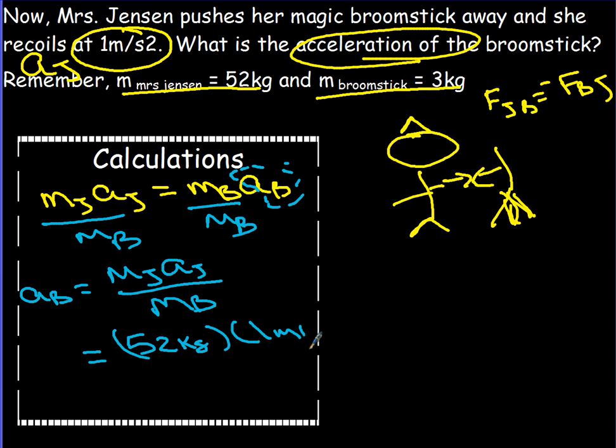Now you would have written out your givens so you don't have to go hunting for them. And divide it by the mass of the broomstick, which is 3. So the broomstick will have an acceleration of 3 goes into 5 once, 17.3 meters per second squared.